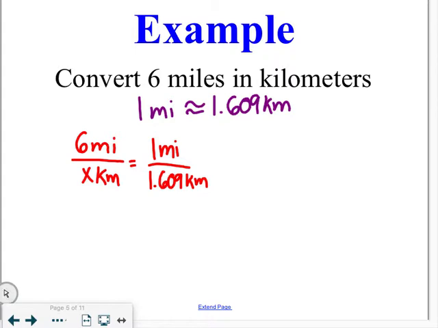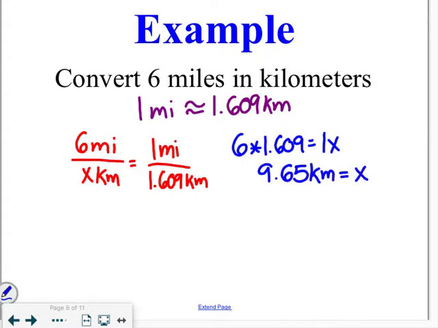Same units in the same part of the fraction. Using the cross product property to solve, we end up with 6 times 1.609 is equal to 1x, and we end up with a final answer of 9.65 kilometers is equal to x.